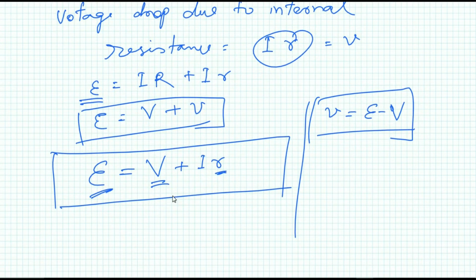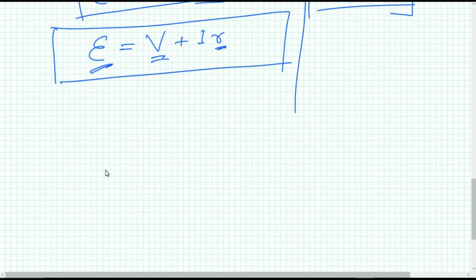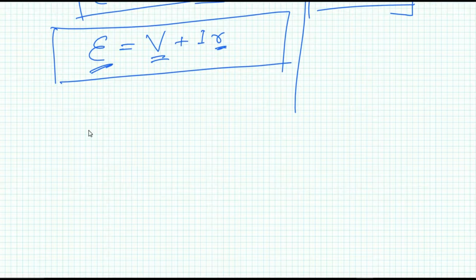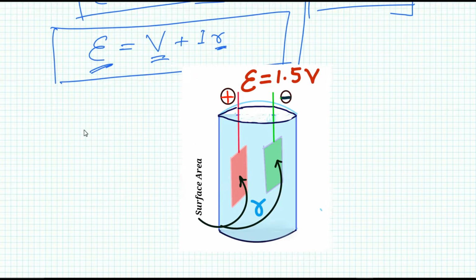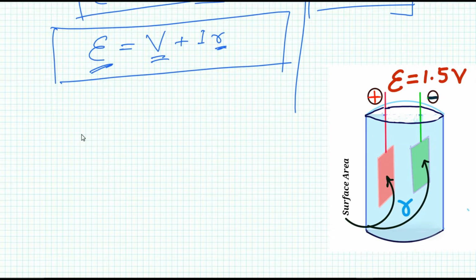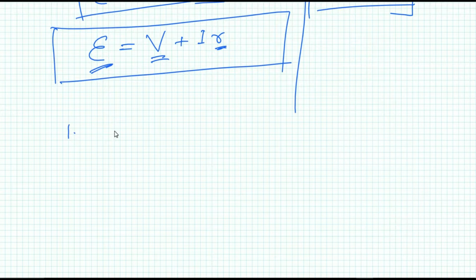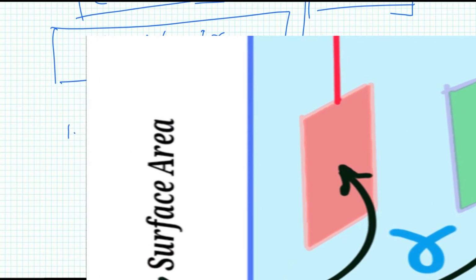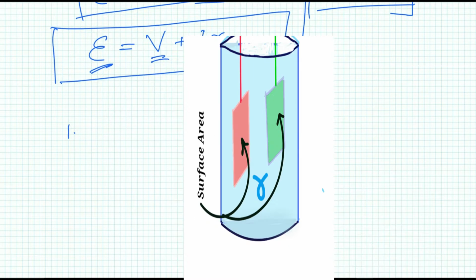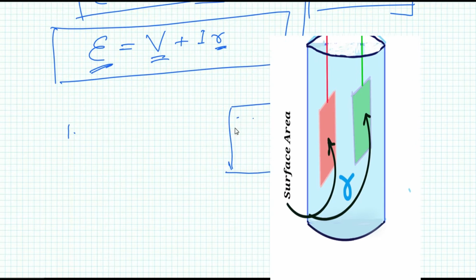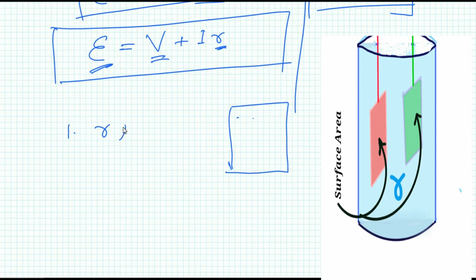Now I want to explain something about the factors affecting the internal resistance of a cell. There are 4 factors that affect the internal resistance of a cell. Suppose this is the cell, a normal cell which we see in our day-to-day life, and the first factor that affects the internal resistance of a cell is the surface area of the plate. That means if the surface area of the plate is more, then the internal resistance will be less.